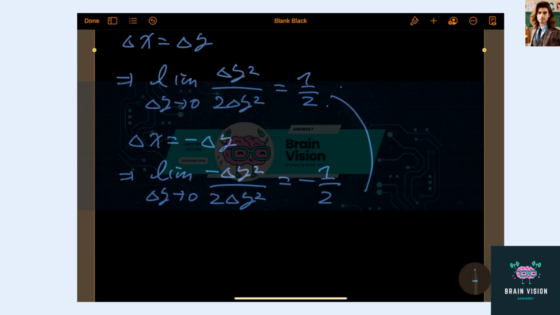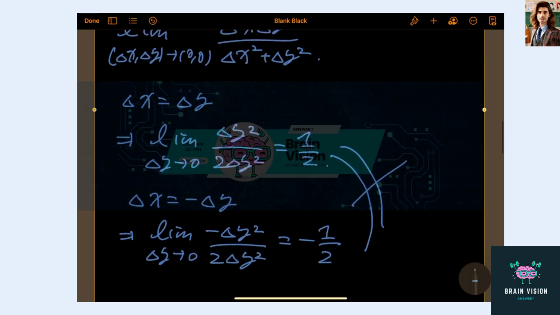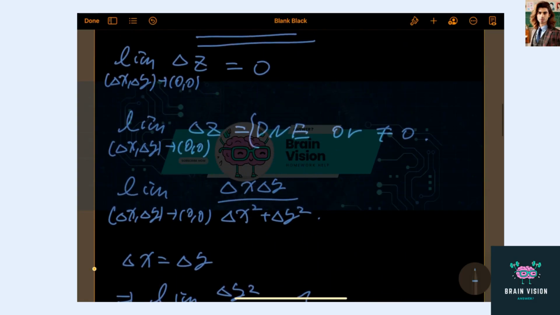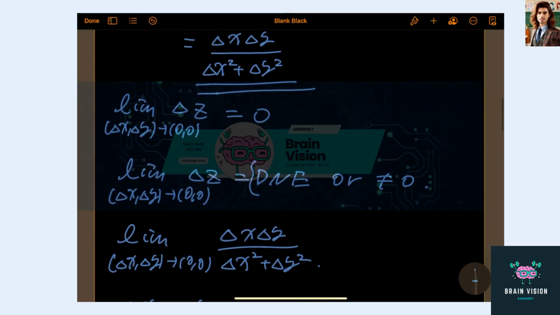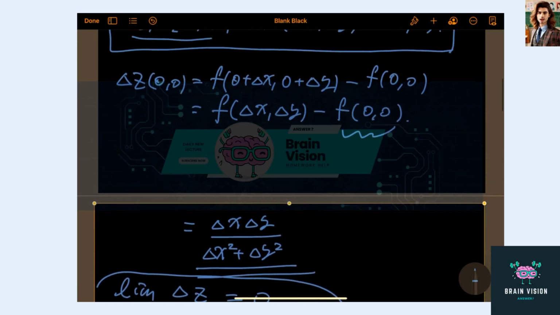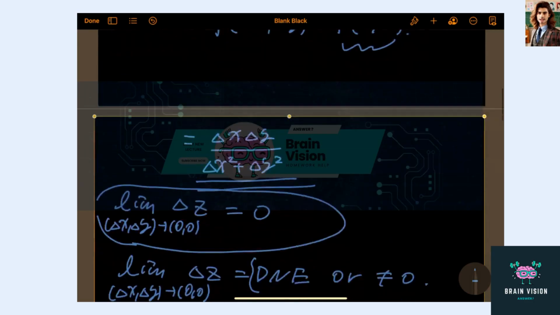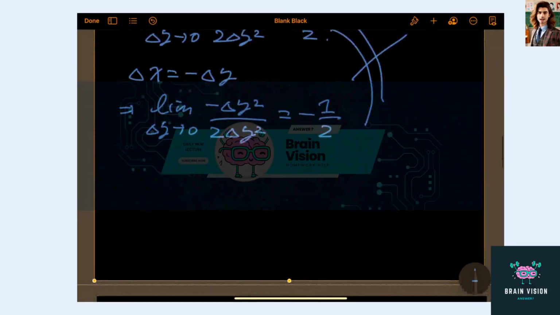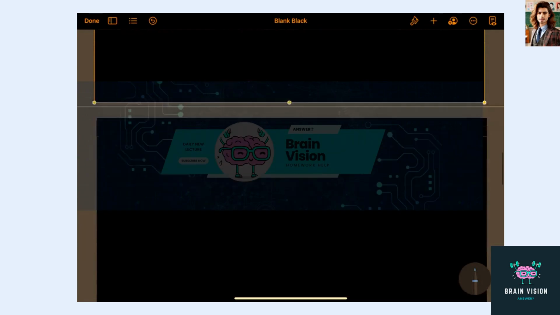Now obviously these two are not equal to each other, so we can conclude that f is not differentiable at 0, 0, because if it was, this would have to be true, right? So now we did A, so let's move on to B.